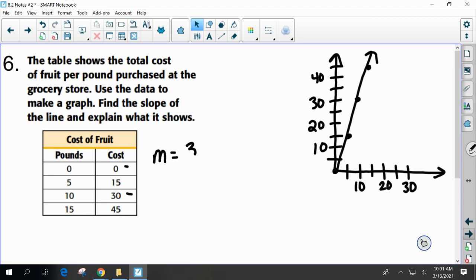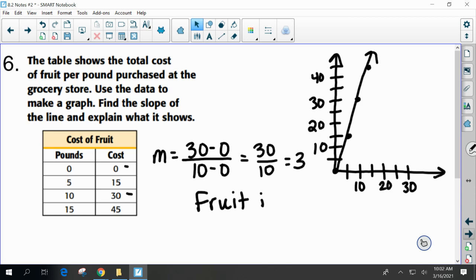So my slope would be 30 minus 0 over 10 minus 0, which would just be 30 over 10, which is what? 3. What is 3 representing in the problem? Okay, so it's saying that fruit is $3 per pound is what that's saying.